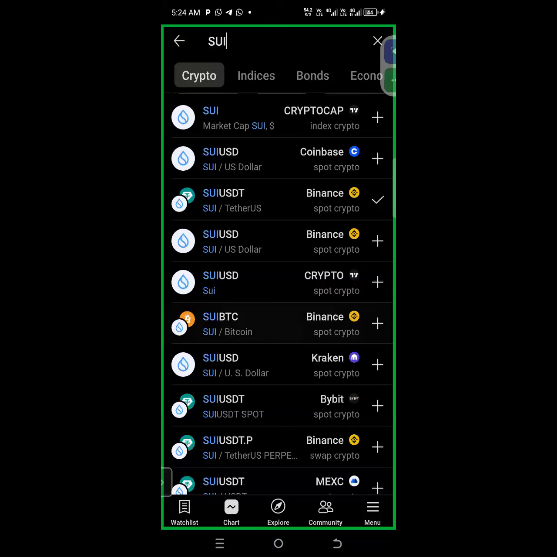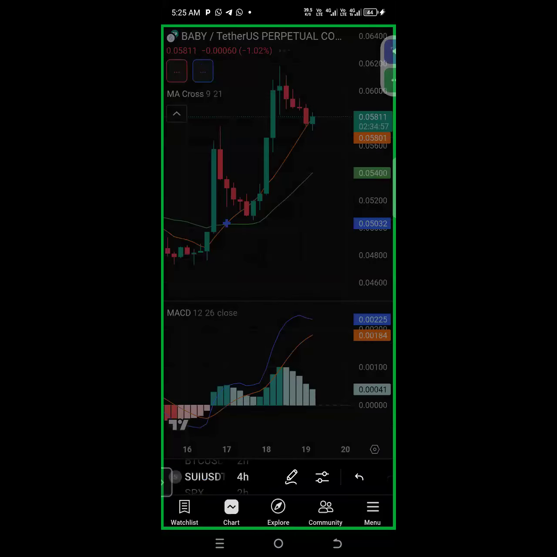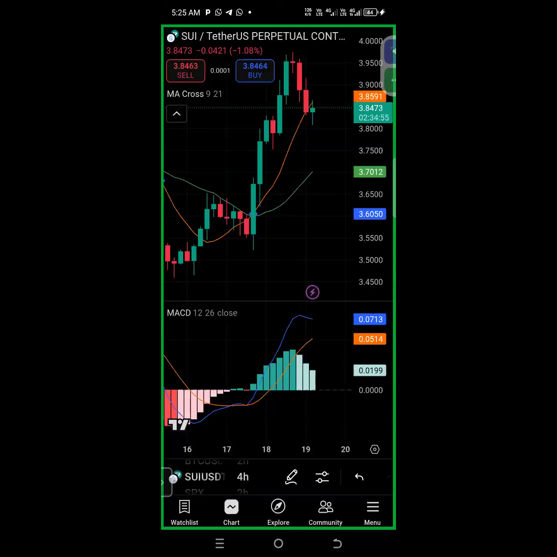Okay. So, SEAL USDT. All right. Now, looking at this, what do we have to say on both trend and momentum? On both trend and momentum, what do we say? Is it bullish or bearish? Uptrend or downtrend?